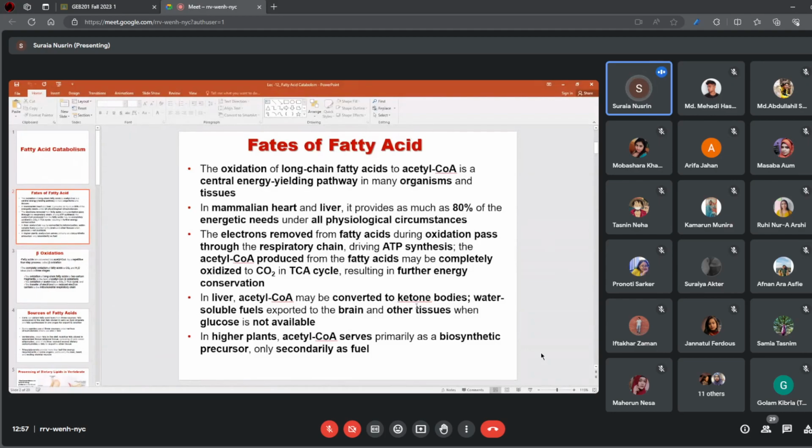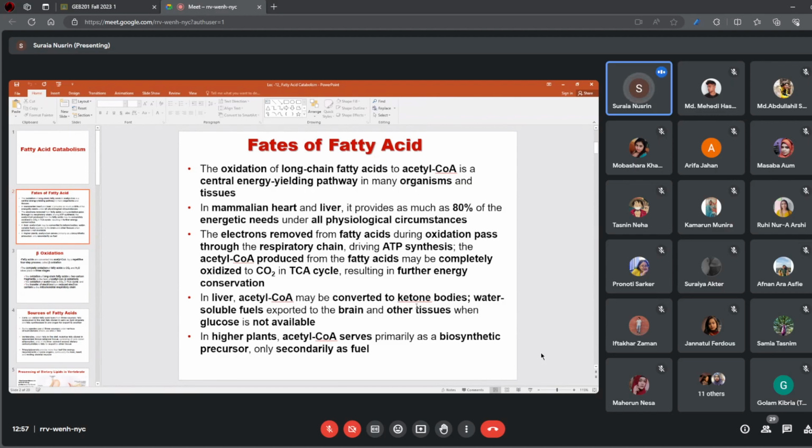But if the glucose is not there, the living organisms find another source. When there is enough fatty acid oxidized and enough acetyl-CoA present, then the liver can synthesize ketone bodies from acetyl-CoA and transport those ketone bodies to other tissues or organs, specifically brain.